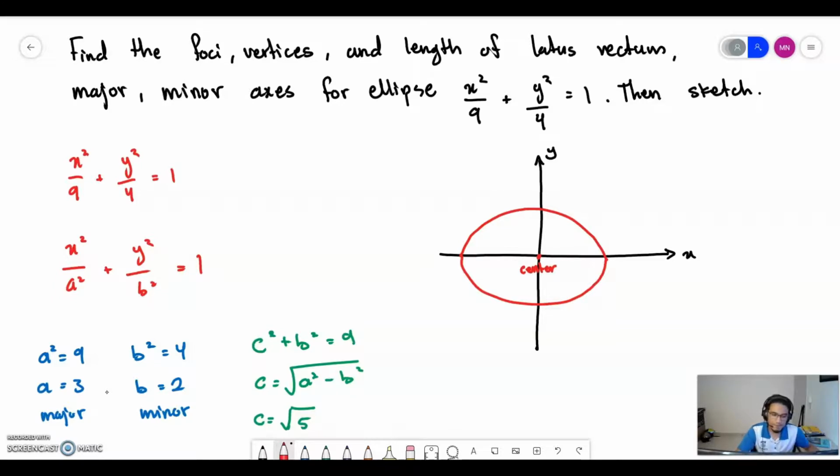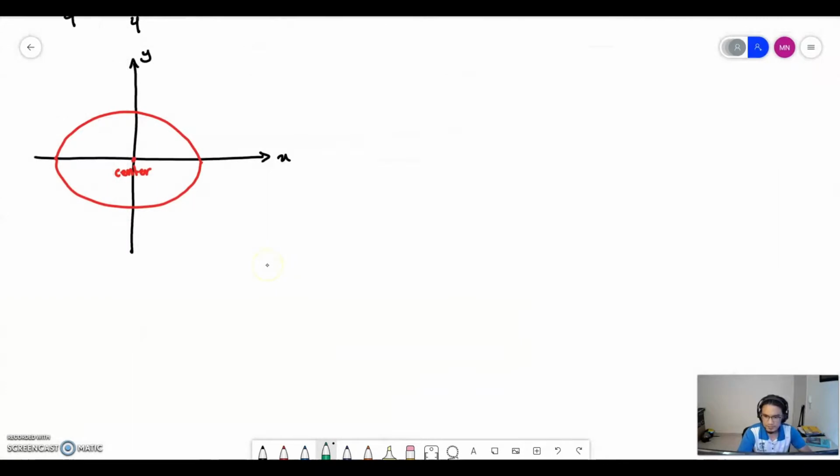Now we want to determine the position of vertices. We will have two kinds of vertices. First is the major, and another one is the minor vertices. Let's first do the major. We already have the length of a, which is 3.